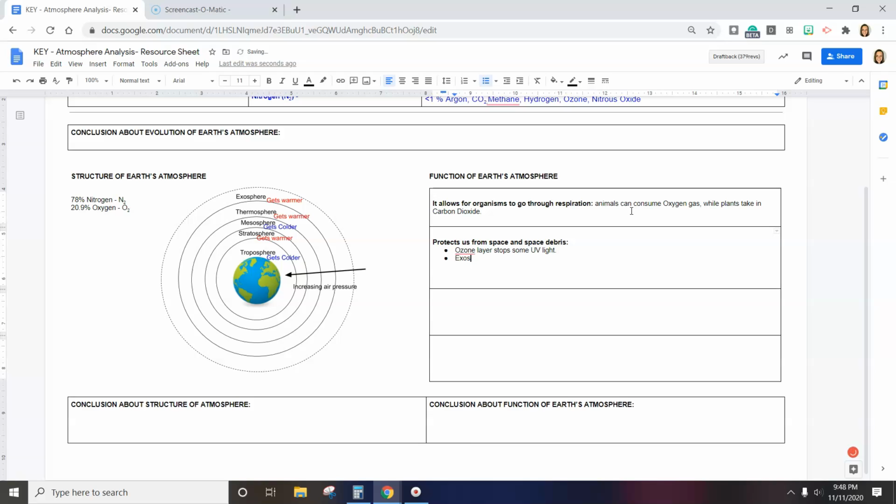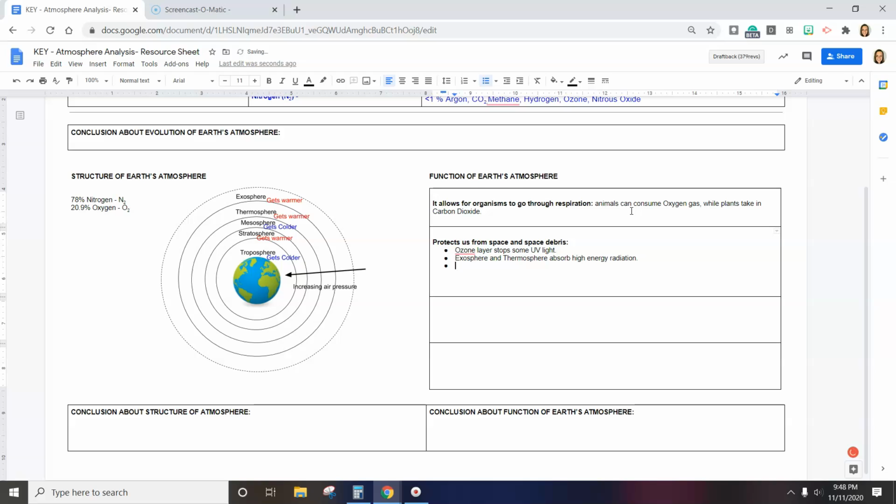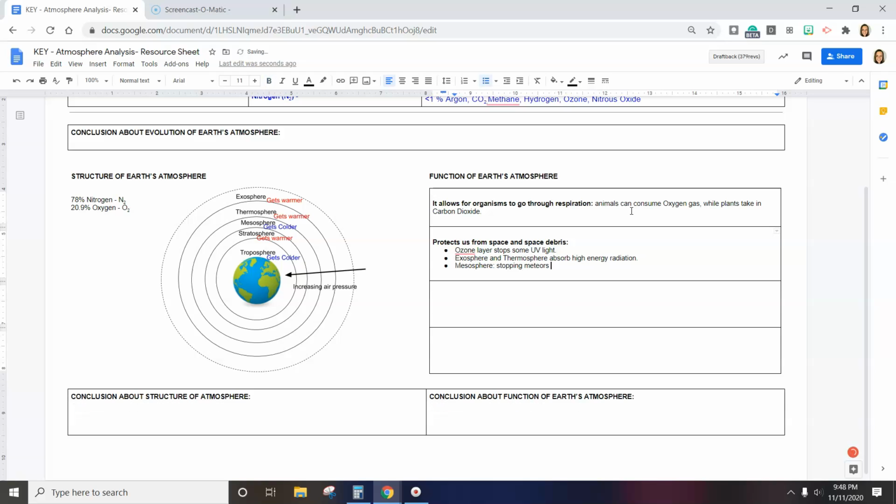We also have the exosphere and thermosphere absorb high energy radiation. And then from there we have the mesosphere. And as a quiz, what is the mesosphere doing? Well, it's stopping meteors from coming in. Meteors and other space debris.